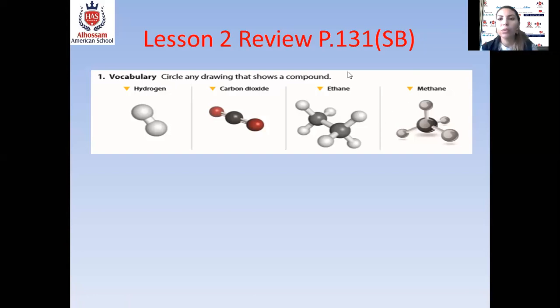Okay, who knows the answer? Raise your hand. Jana Gaber. Yes, Jana? Which ones are compounds? Methane and ethane. What about carbon dioxide? Yes, it will be circled.